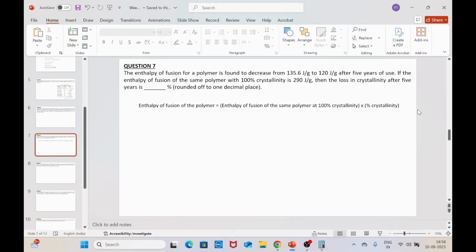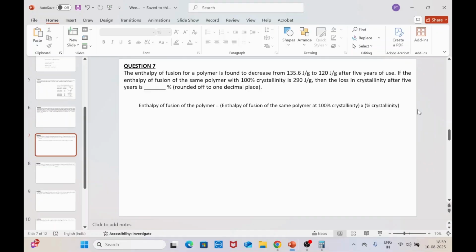Is the screen visible? Does this equation make sense now?